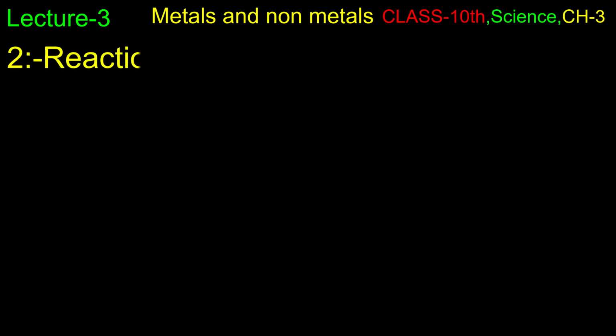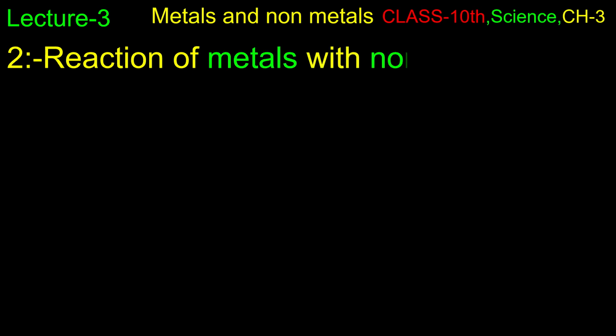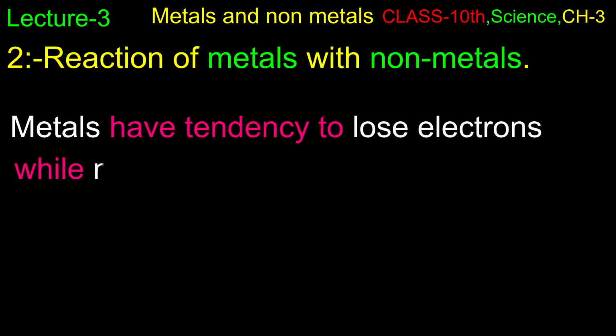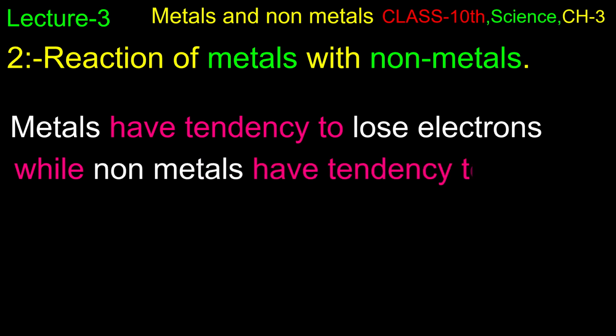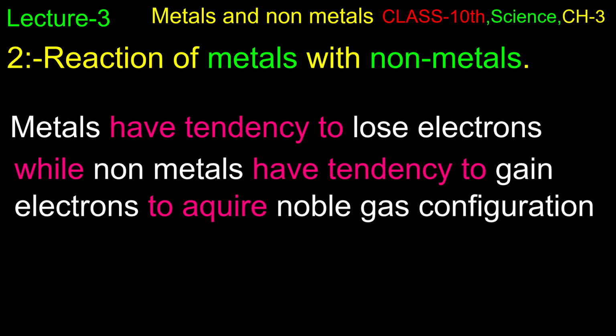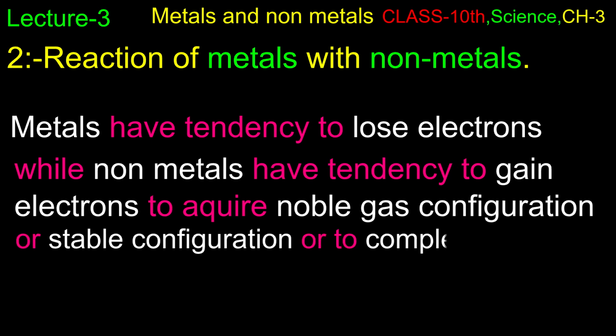Next, at point number 2, we discuss the reaction of metals with non-metals. In general, metals have tendency to lose electrons, while non-metals have tendency to gain electrons to acquire noble gas configuration or a stable configuration or to complete their octet.